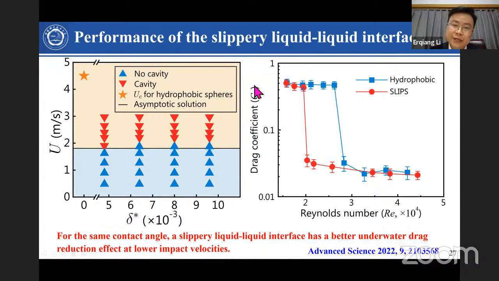For the drag reduction, we have to calculate it. We calculate the drag coefficient against Reynolds number. The yellow data is for the slippery sphere, and the blue one is for the hydrophobic surface with the same contact angle. We see for the slippery sphere, you can realize drag reduction over a larger range of Reynolds number. That is the key finding of this part.